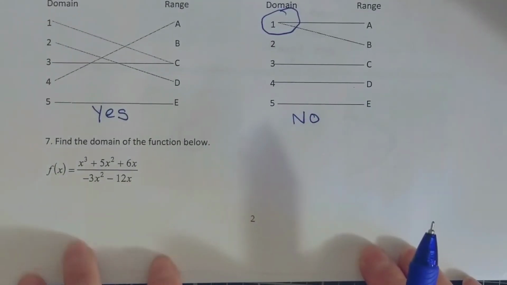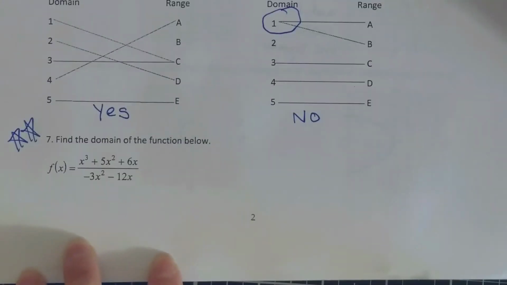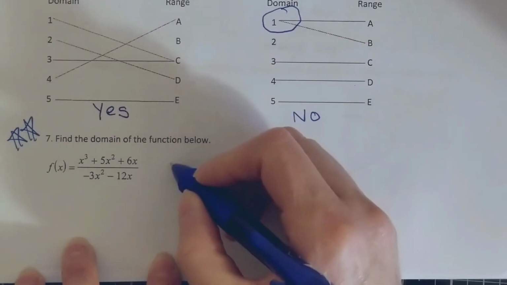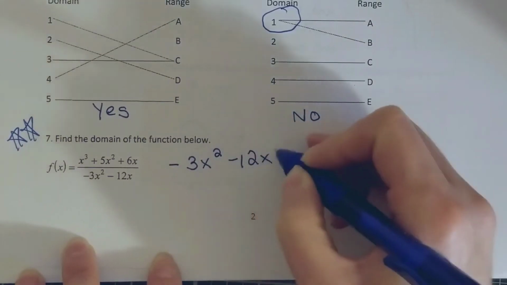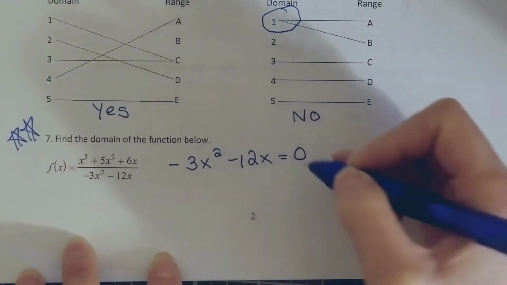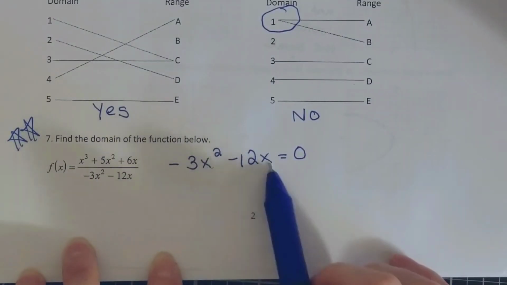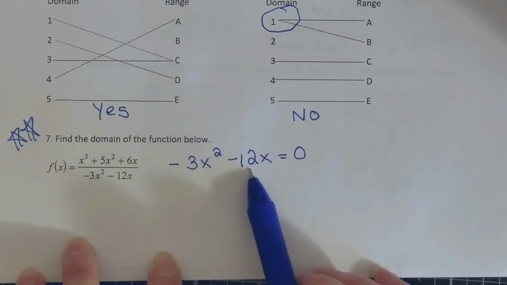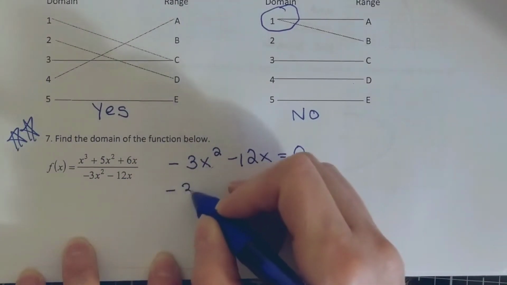Number 7, this comes up a lot on all of the tests and including the final. Find the domain of the function. So you need to set the denominator equal to 0 and solve. So negative 3x squared minus 12x equals 0. Okay, I have x in both spots, so I want to factor here. And I can take a 3 out because 3 goes into 12. And since they're both negative, I'm just going to go ahead and take out the negative also.